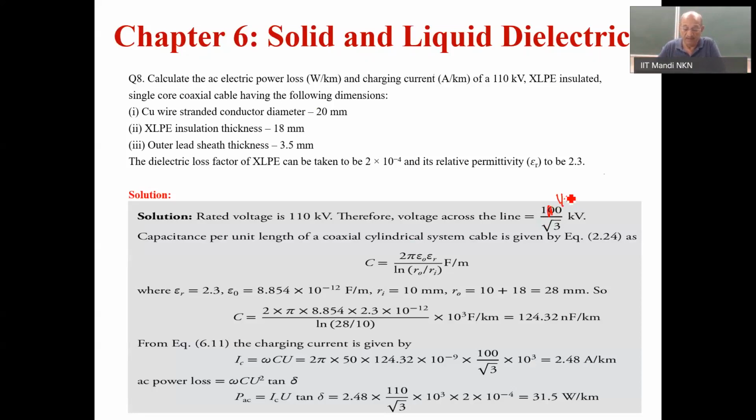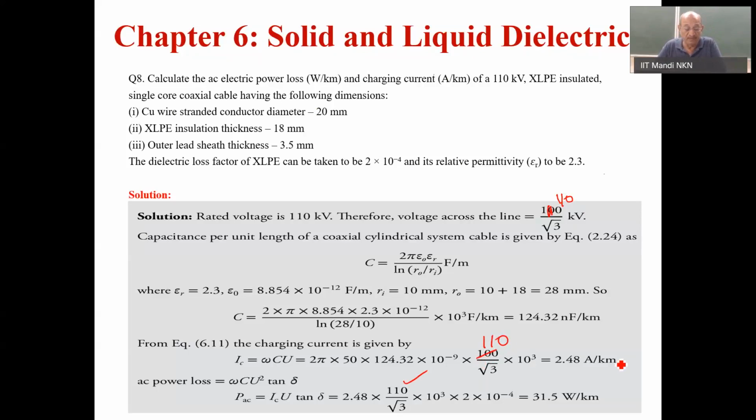I hope you can verify the voltage, again there is a mistake. It has been taken to be 110, so it has been taken correctly here. So you verify with your calculator whether it has been done for 110 or 100. The results, you must verify.